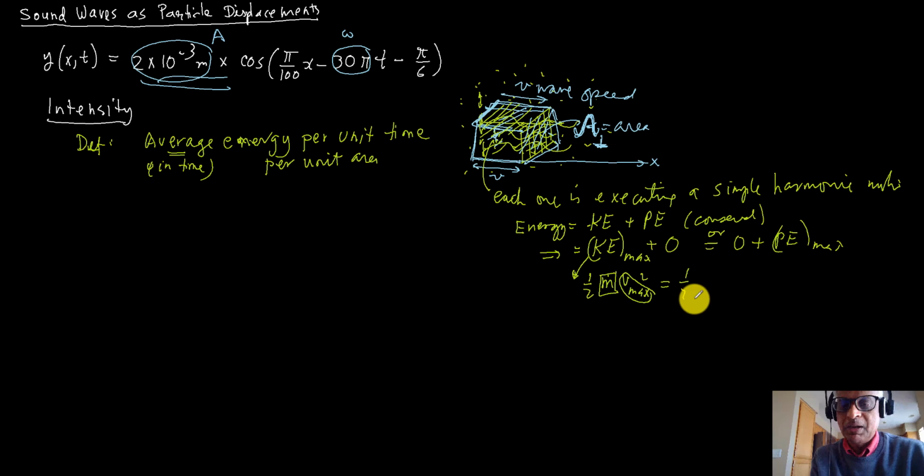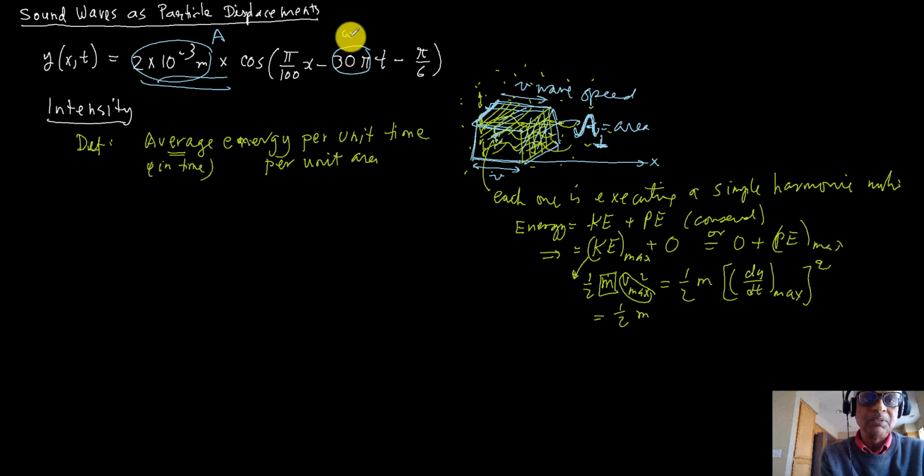Let's leave it m here for now. v max is the maximum of dy/dt, squared, and that turns out to be half m times omega a squared, omega times the amplitude. So that's the energy in this box, and all of that will pass through in 1 unit time.